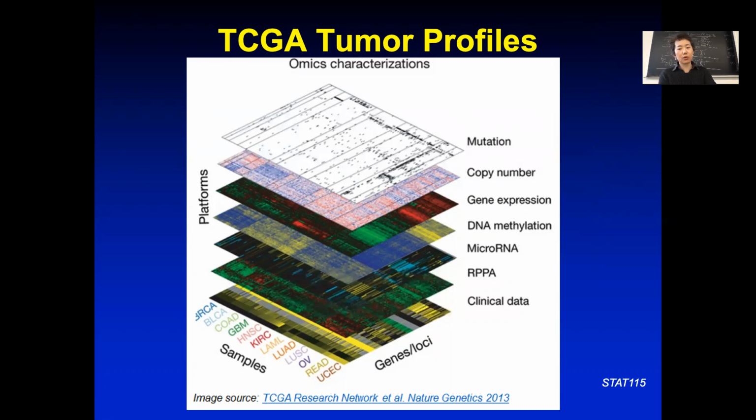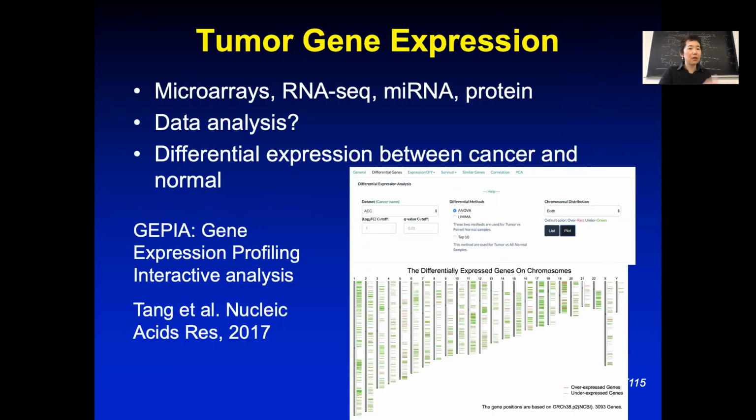In the last lecture, we talked about mutation analysis, but today we'll talk about expression. In the very early days of TCGA, they used expression microarrays, but now all the samples have RNA-seq data. There are also microRNA and protein. In terms of analysis, we will focus more on the RNA expression because it's the most complete one and it's very informative.